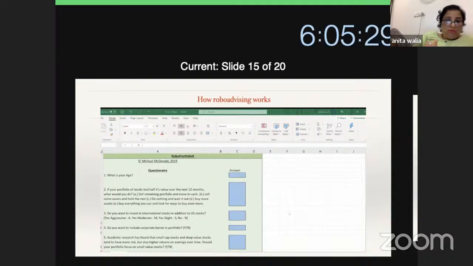We may also ask the person about international stock, diversification, and many other things. I will show you the Excel file. Depending on what kind of answers the person has given, we will look into the portfolio and analyze it. We will do the forecasting first, and the robo-advisor will do the same thing. So let's see that first.